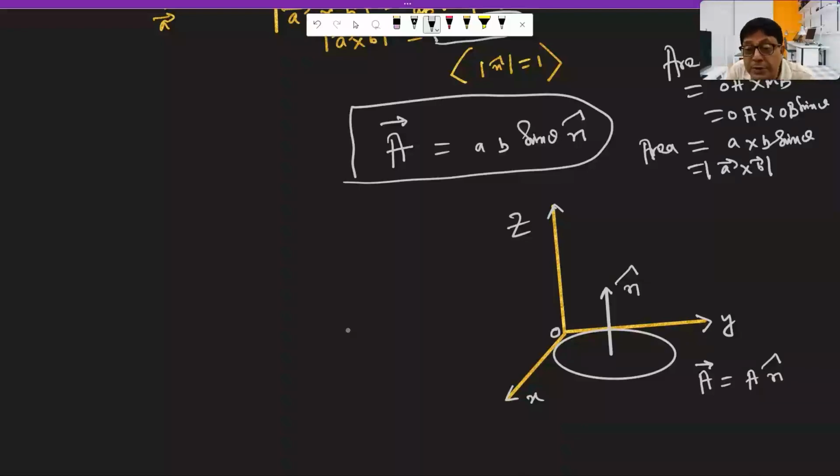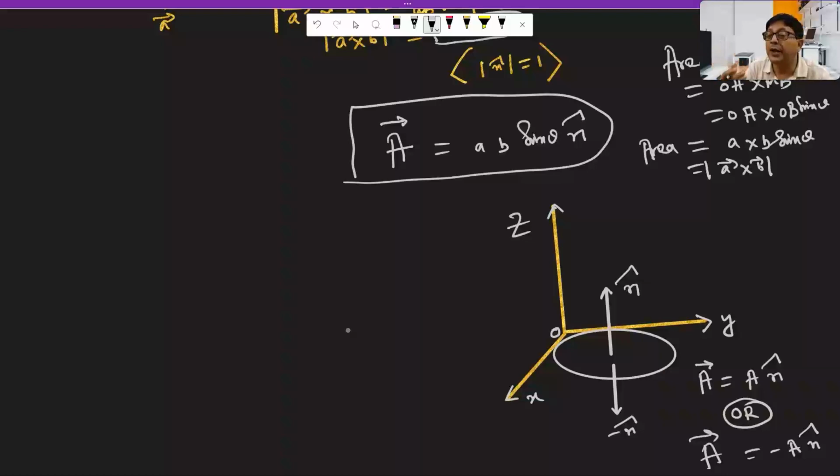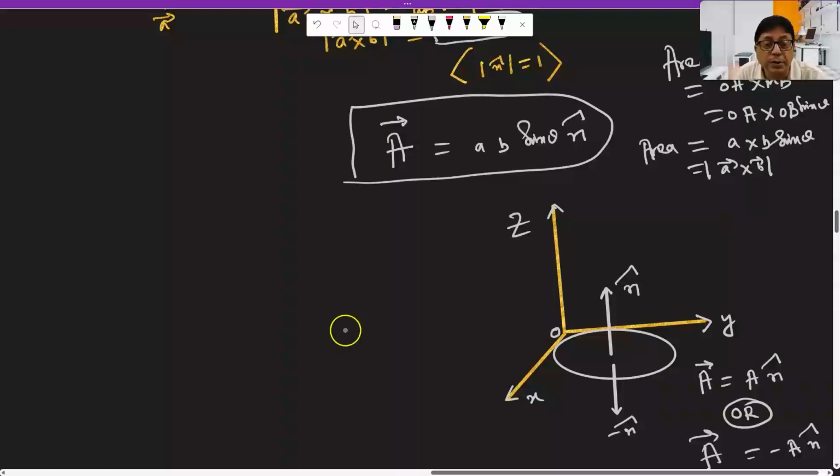But if you say that no, I will write the area vector by taking the unit vector in this manner, this is also valid. So that area vector you take, A equal to minus A into n cap. Both are valid. It doesn't matter whether you are taking the area vector in the upward or downward direction, fixing n cap upward or downward. Okay?